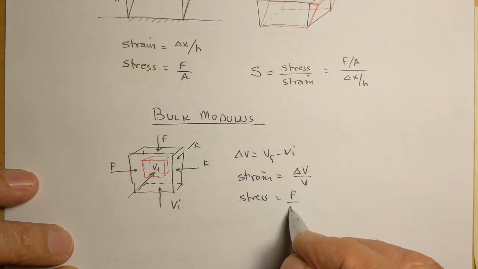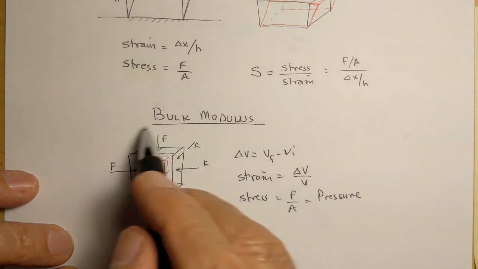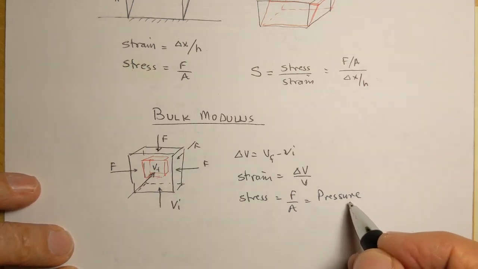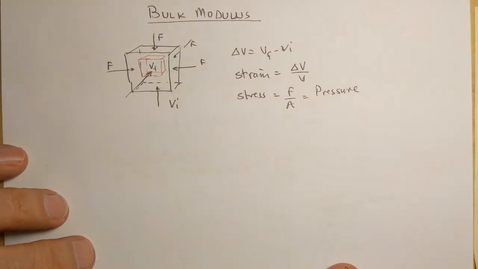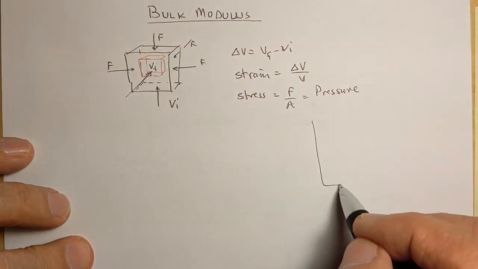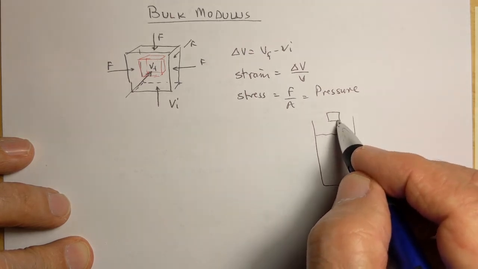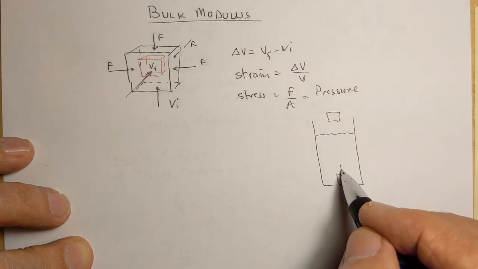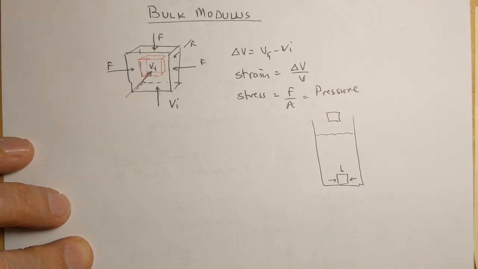So it's a force by area, and that's a pressure. You could also add all the forces in all the areas, they would still be the same. So this is normally a pressure, and usually this phenomenon takes place when you have a deep container and you take an object and you drop it in the water. Then the water pressure, which exerts on all sides, squeezes that object and makes it smaller.